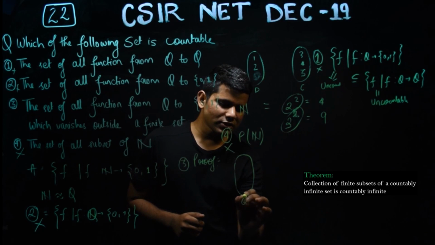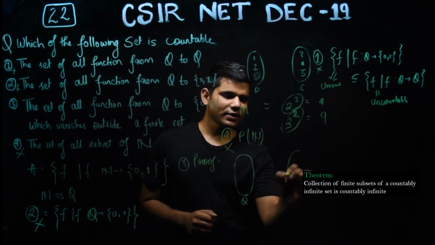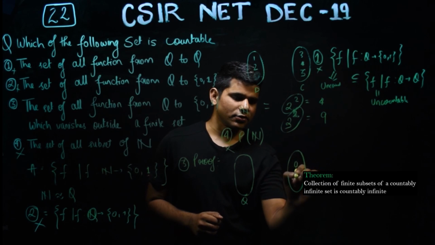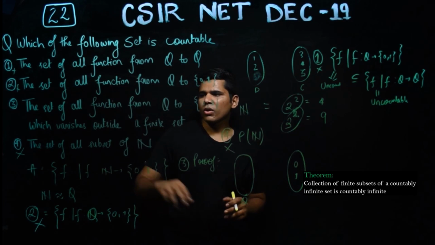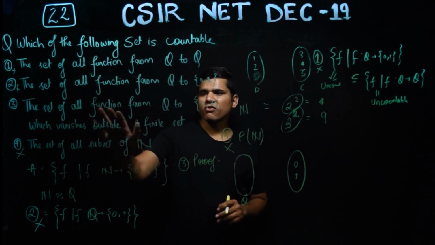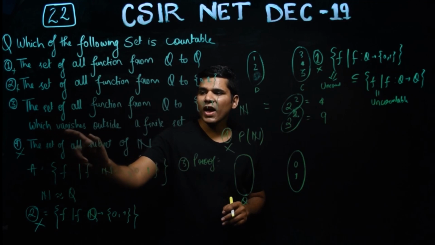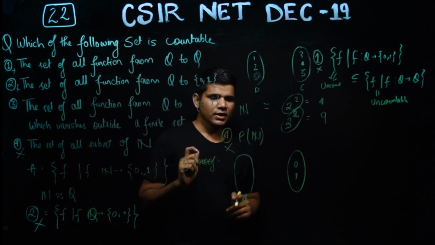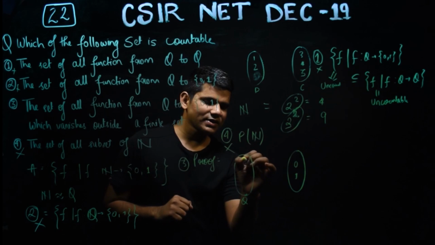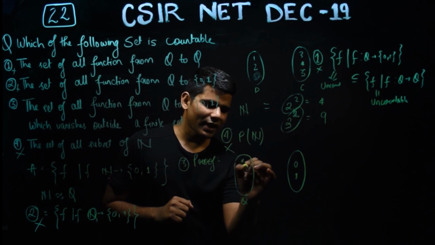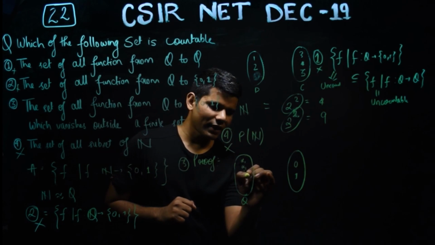Suppose this is your Q and this is your {0,1}. The option says the set of all functions from Q to {0,1} which vanish outside a finite set. Suppose you have a finite set inside Q, named alpha 1, alpha 2 up to alpha n.